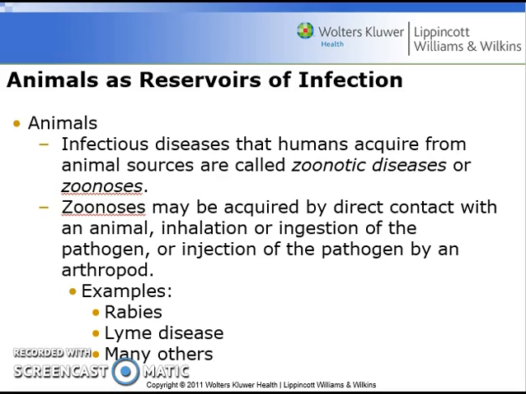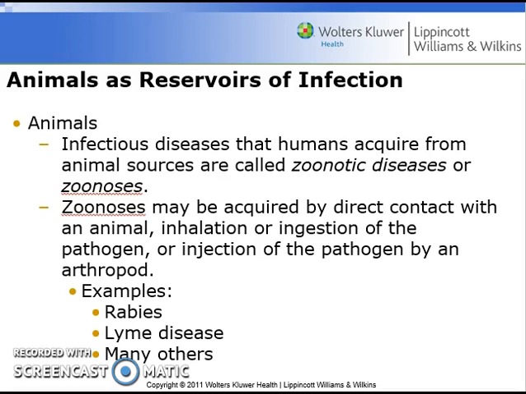Infectious diseases that humans acquire through contact with animal sources are referred to as zoonotic diseases or zoonosis, a term we defined earlier. Zoonotic diseases can be acquired through direct contact with an animal.